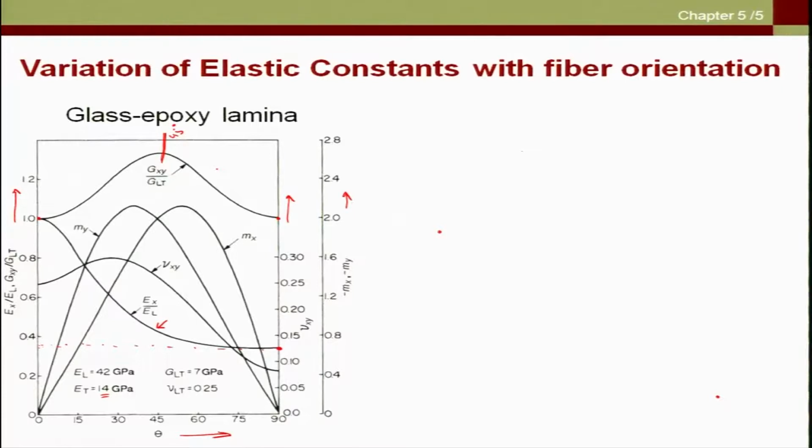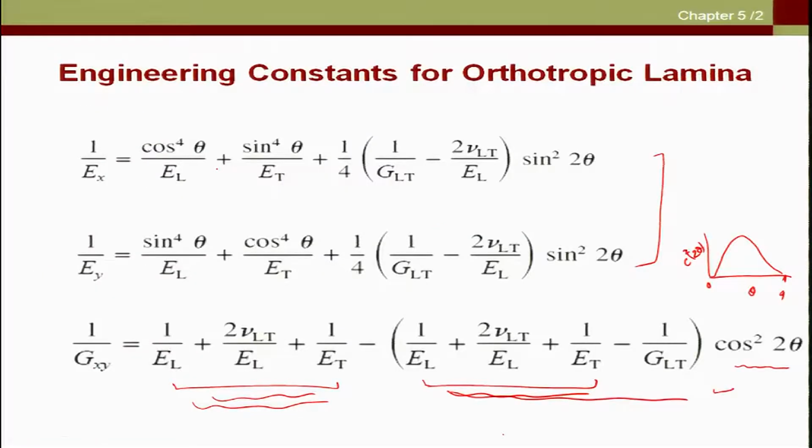And the reason for that is once again from a mathematical standpoint, embedded in the equation for Gxy. This is the relation for 1 over Gxy. Now, this is a positive number, and this term multiplied by cosine square 2 theta gets subtracted from this positive number.